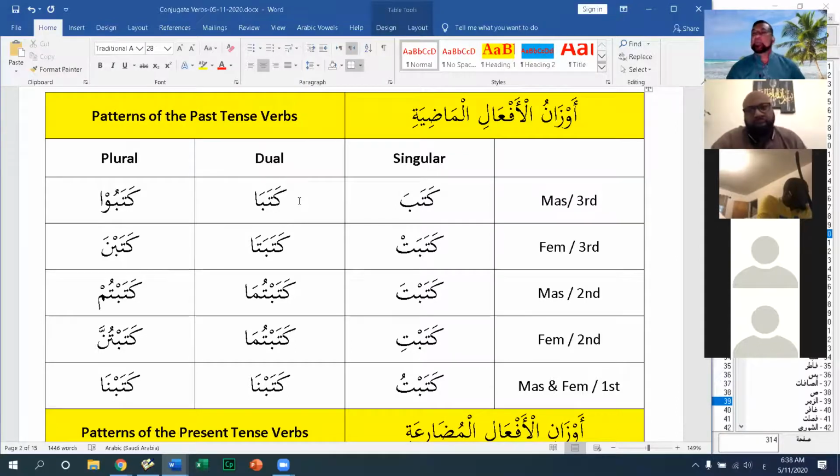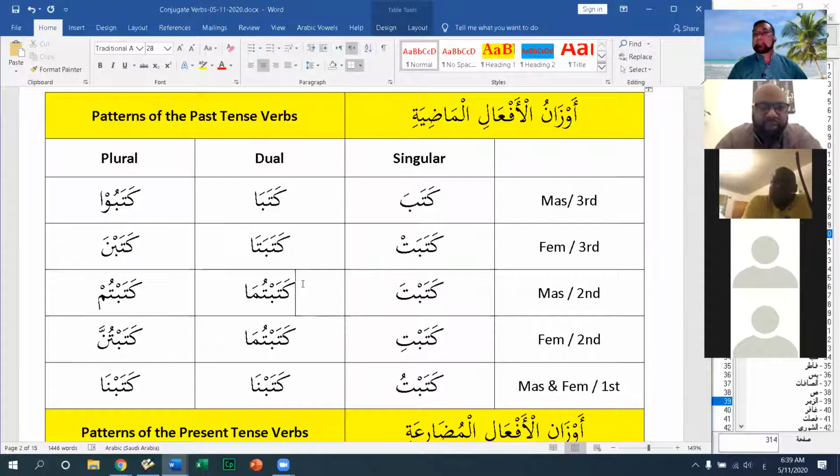I'll help you with the pronouns. Huma kataba. Huma, the feminine, katabata. And then it's antuma katabtuma.